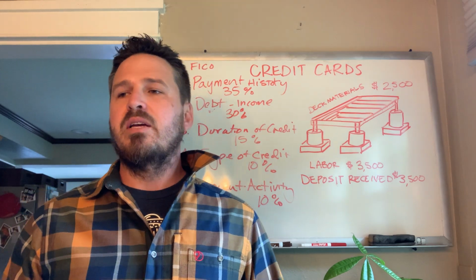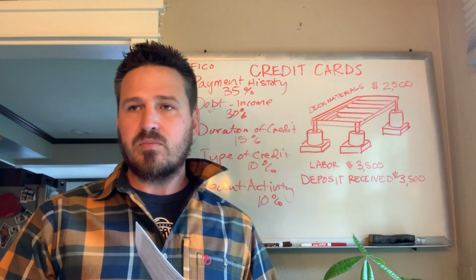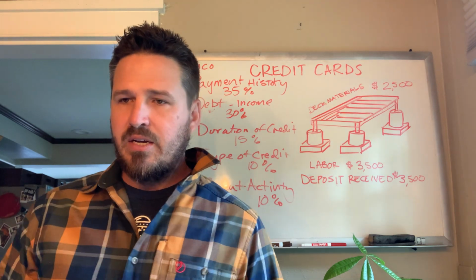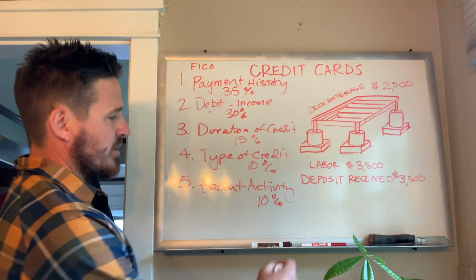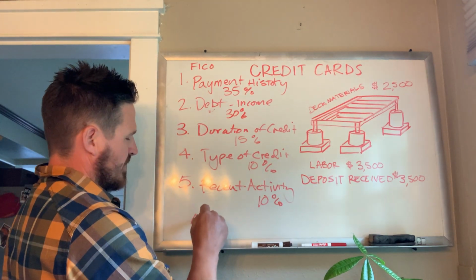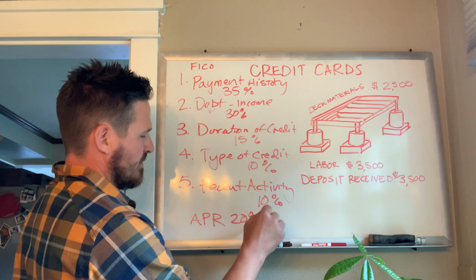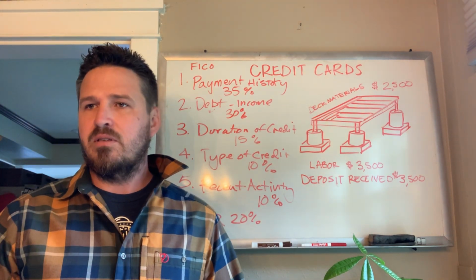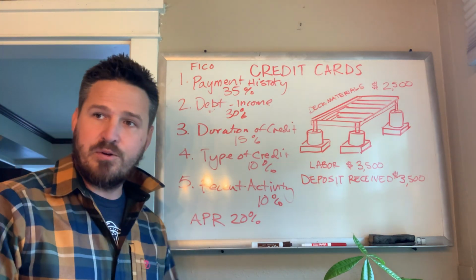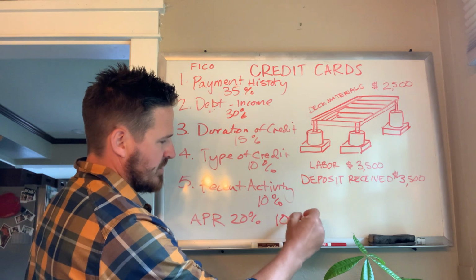There's all sorts of factors that when they issue you a credit card or a credit account, they give you a limit. They give you an annual percentage rate, which is every year, every month, you'll have a percentage. So let's say your APR, is what they call it, is 20%. That's a lot. So for every $100 you spend that you don't pay back at the end of the month, so let's go $100.